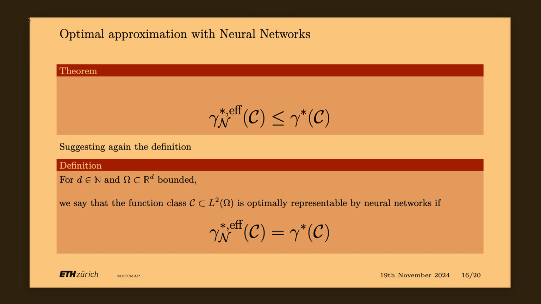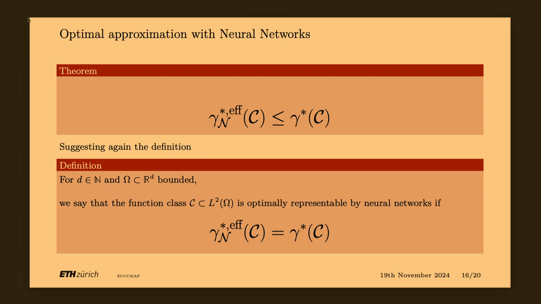After all this, we came up with a definition of optimal approximability of function classes with neural networks. The next question is, okay, cool, very good. We have a way of defining optimal representability of function classes with neural networks, but maybe this is never matched, because maybe this never happens.